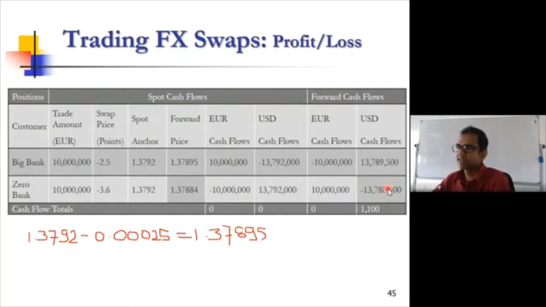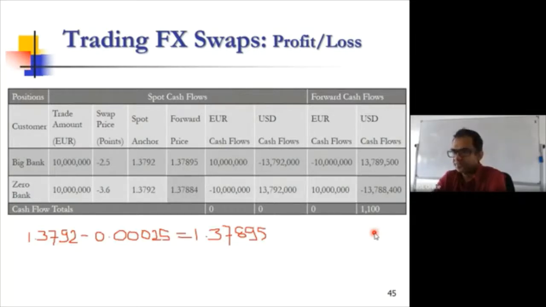This is 1.37884 into 10 million. So the difference is the dollar amount that you receive and the dollar amount you paid. There's a difference of $1,100. So that's the profit.